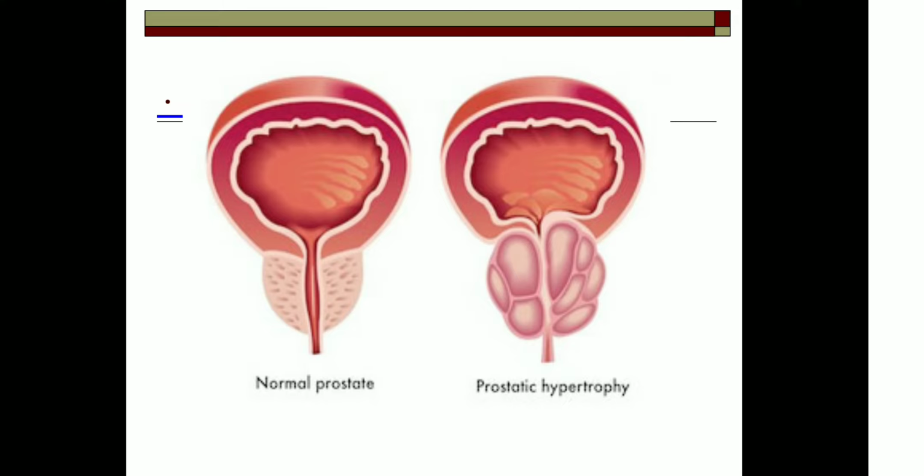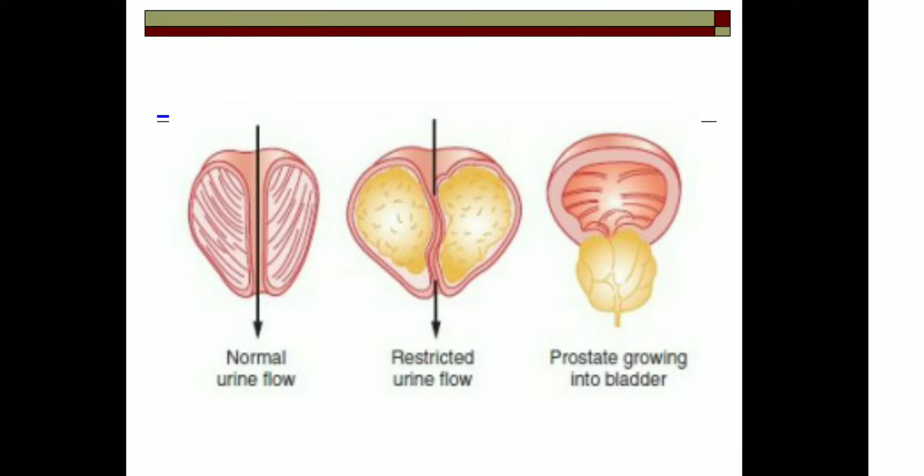It is also known as prostatic hypertrophy, but actually the pathology behind that is prostatic hyperplasia, an increase in the number of glands rather than the size of the glands. Previously it was known as prostatic hypertrophy. Actually, the correct pathological term is benign prostatic hyperplasia. That will lead to restriction of the urinary flow.